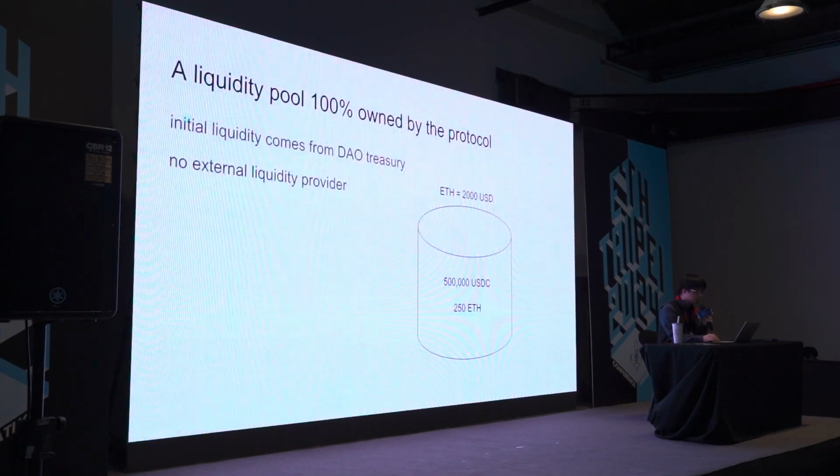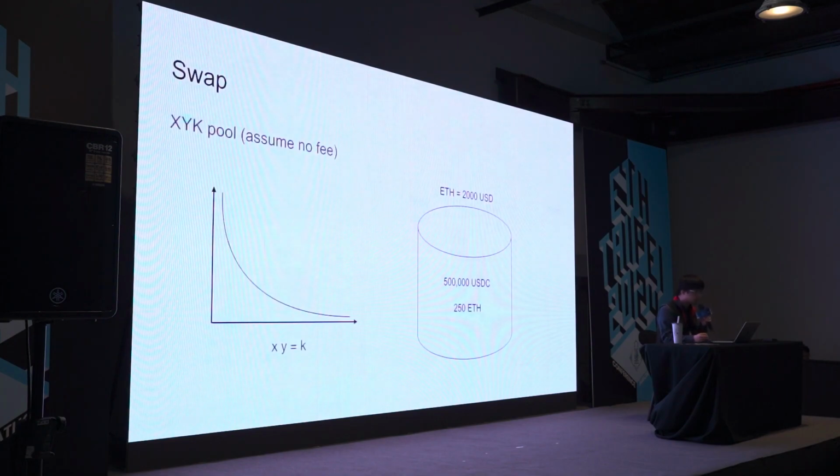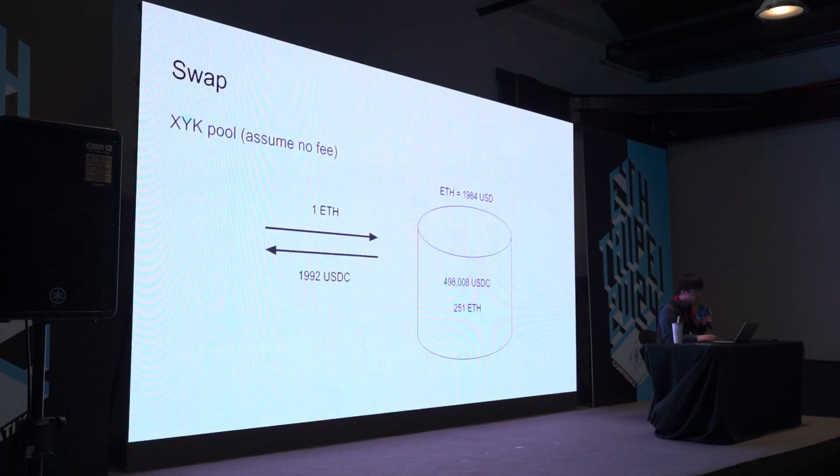For example, if the price of ETH is $200, then with $1 million worth of liquidity, there's 500K of USDC and 2,500 ETH. The first thing you can do with this kind of pool is to perform swaps. Quite straightforward. If you sell 1 ETH to the protocol, then likely you will get 1992 USDC, just the basic XYK formula.